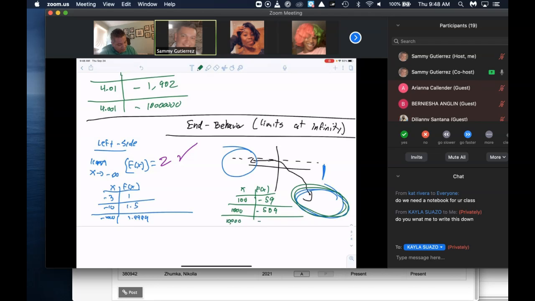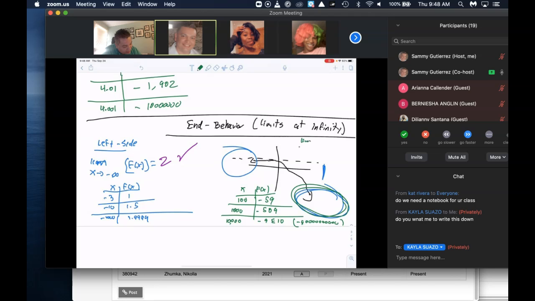I get -99. And actually, my calculator ends up spitting this out. -9e10, which means -9, 1, 2, 3, 4, 5, 6, 7, 8, 9, 10.